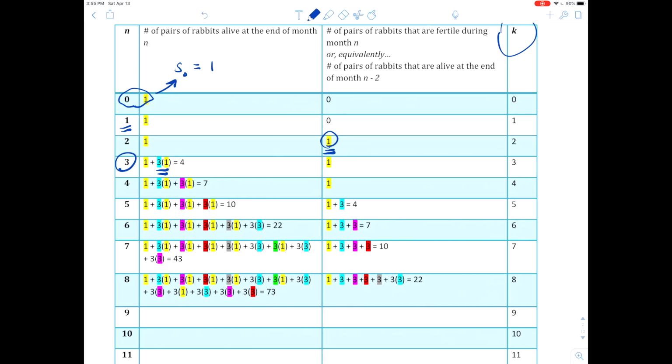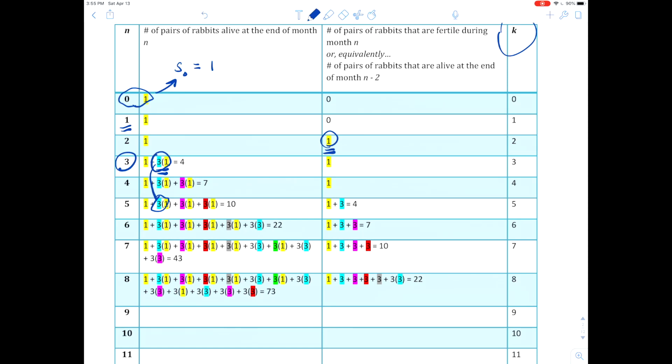Cool so far? So if you look at this trend, you're going to have this gap of 2 months after each pair is born, then they become fertile during that month. So here, do you see that this represents where the 3 pairs of rabbits that were born from the first pair of rabbits are ready to breed?